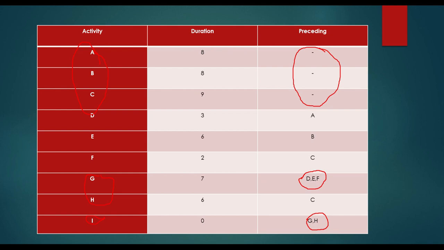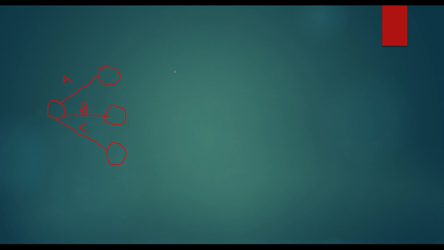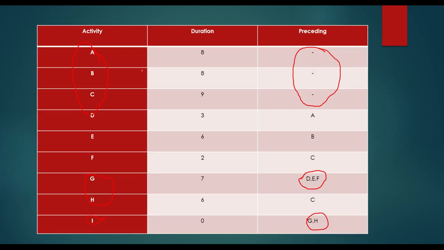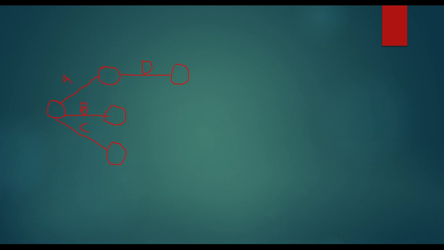Next, we have D. For D, the preceding activity is A. So it means where A ends, we will start D. It means from here, like this. So here I can write D. Okay, simultaneously I will also write the durations of A, B, and C. So A is taking how much time? 8.